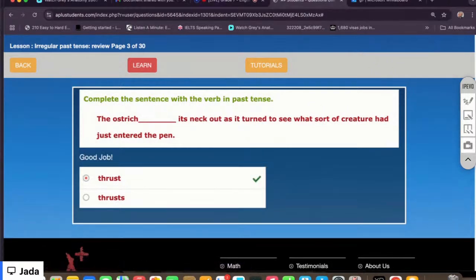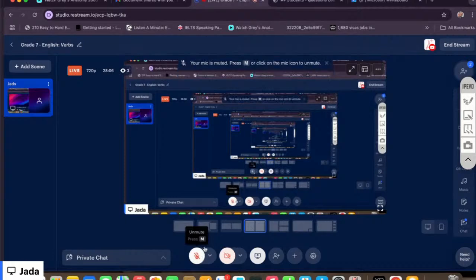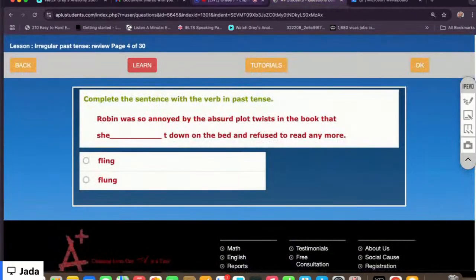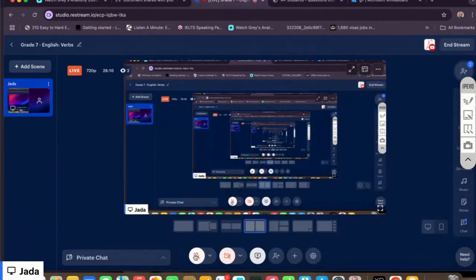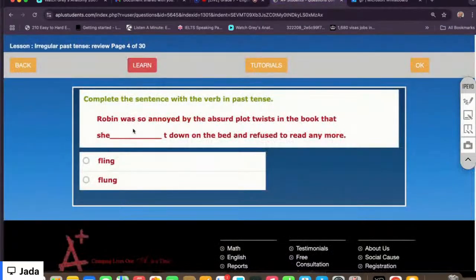So we'll go with the first one. Robin was so annoyed by the absurd plot twist in the book that she dash it down on the bed and refused to read anymore. So which of them, flung or flinked? Which is the right answer?